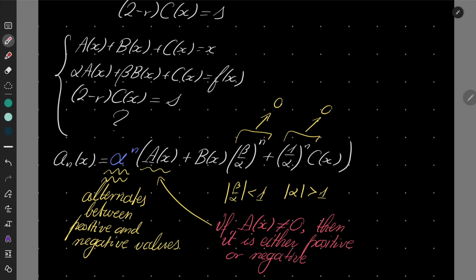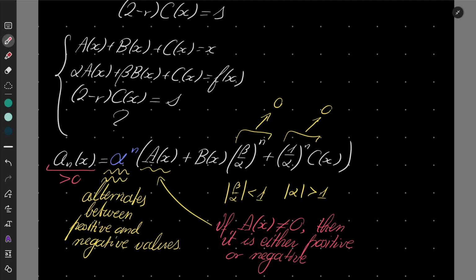And it's a problem. Why? Because remember that every term of our sequence is positive, because we are composing functions whose range is a subset of positive numbers. So it cannot happen, because for sufficiently large n's, we will get a negative value if a of x is non-zero.